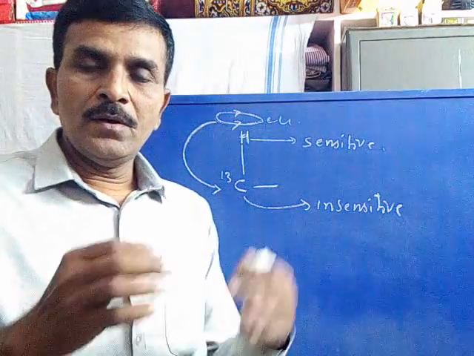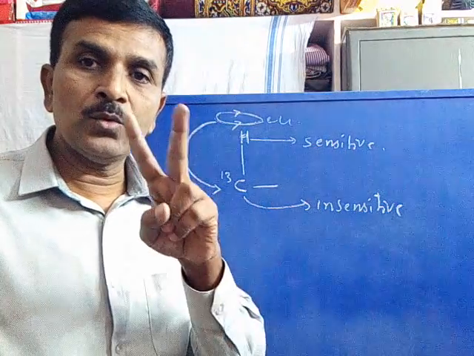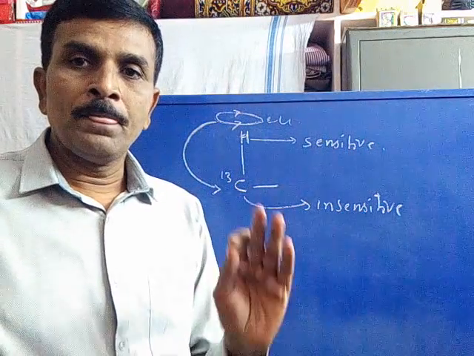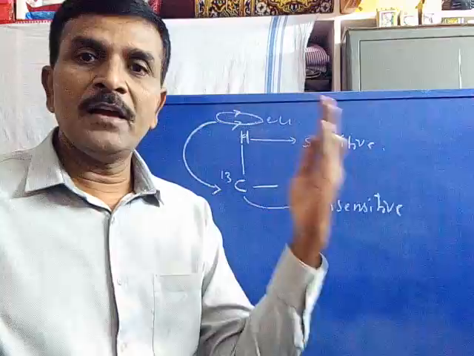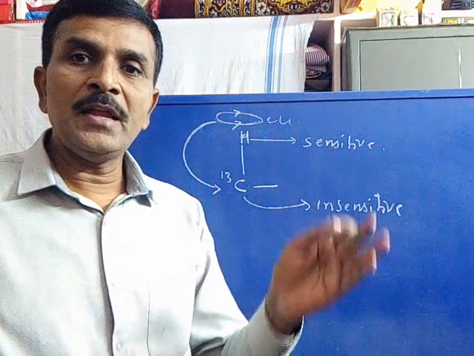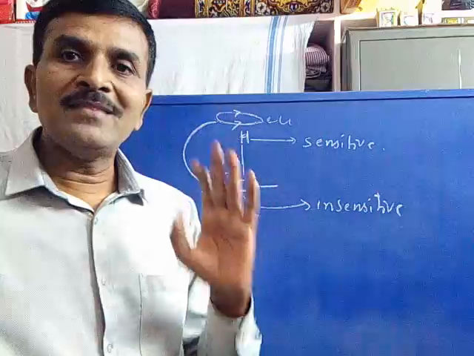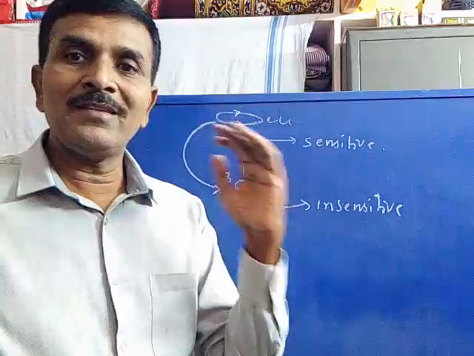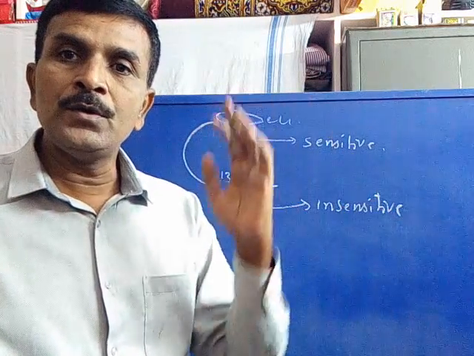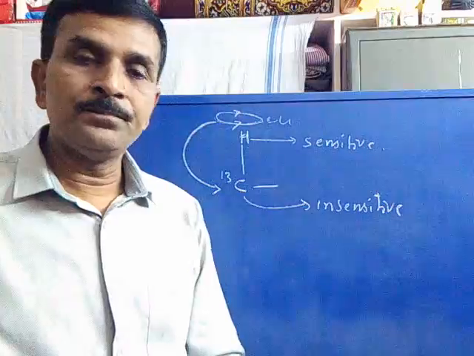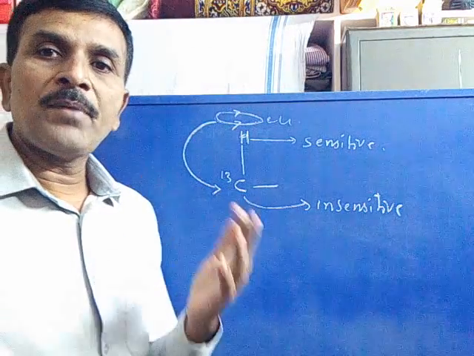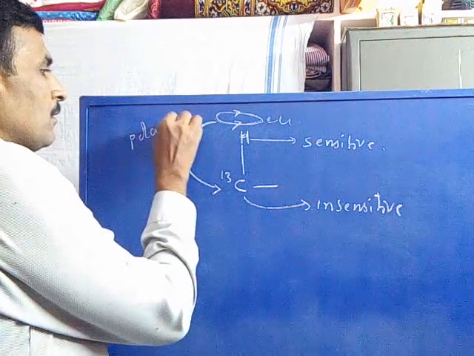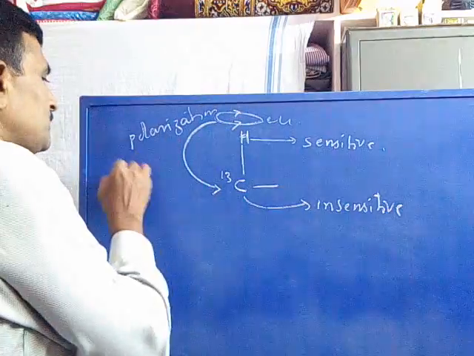Are you following? Within the molecule we have two types of nuclei. One is the sensitive nucleus, the other is the insensitive nucleus. What is the sensitive nucleus? The nucleus of proton, and the insensitive nucleus is the nucleus of carbon. The magnetic field produced by the sensitive proton gets transferred to the insensitive carbon by the process called polarization transfer.